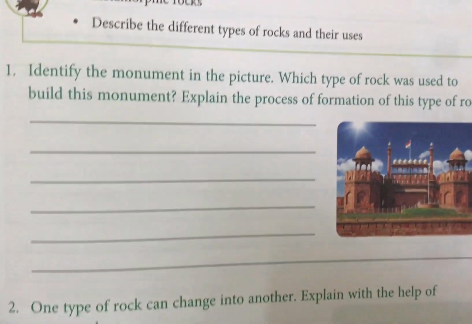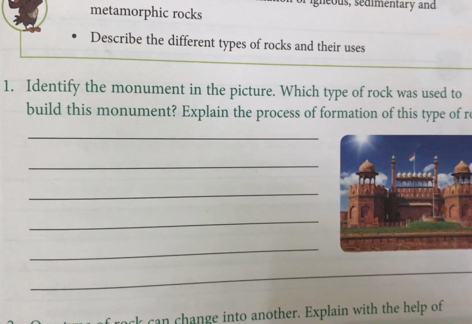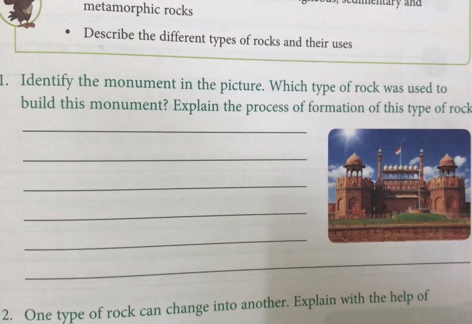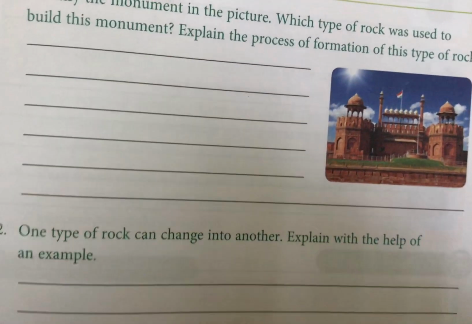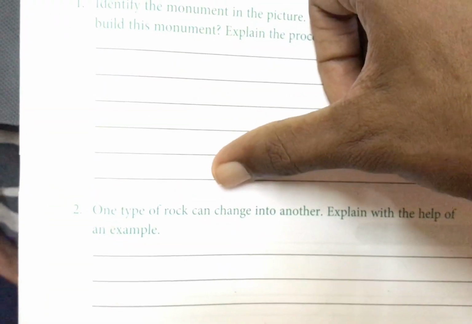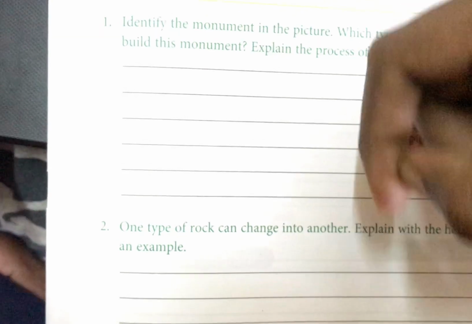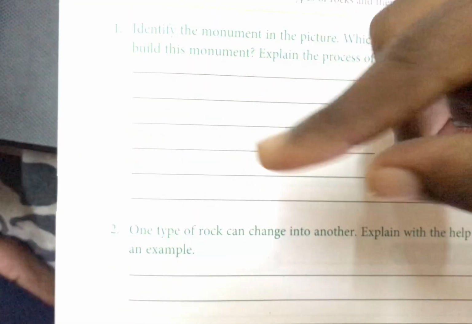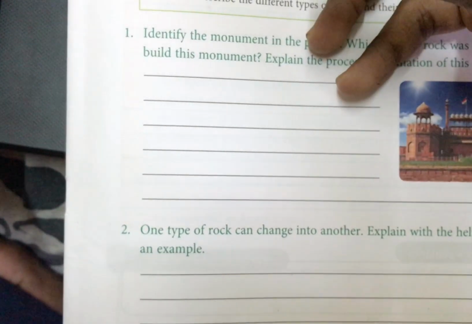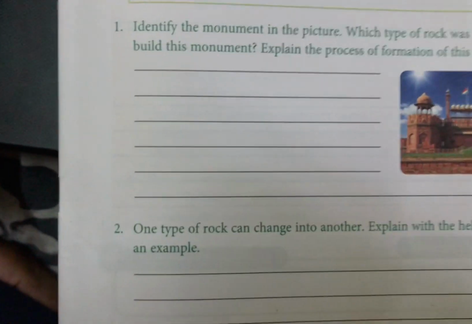Then these changes result in the formation of new rocks, which are known as metamorphic rocks. In this way, igneous as well as sedimentary rocks change into another form of rock, that is metamorphic rocks.